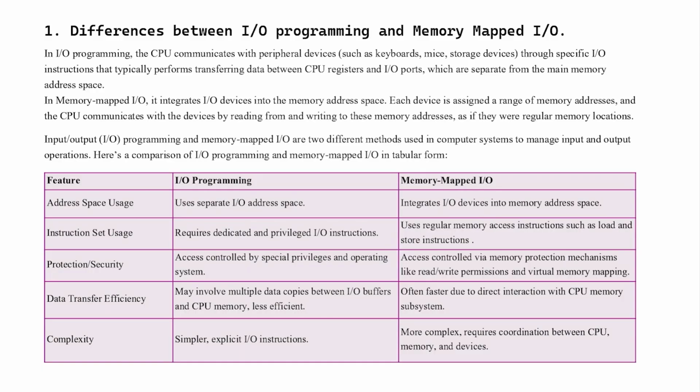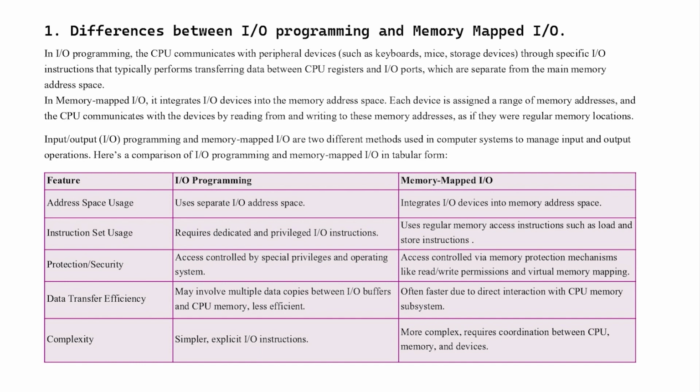1. Differences between I/O programming and memory mapped I/O. In I/O programming, the CPU communicates with peripheral devices such as keyboards, mice, and storage devices through specific I/O instructions that typically perform transferring data between CPU registers and I/O ports, which are separate from the main memory address space.